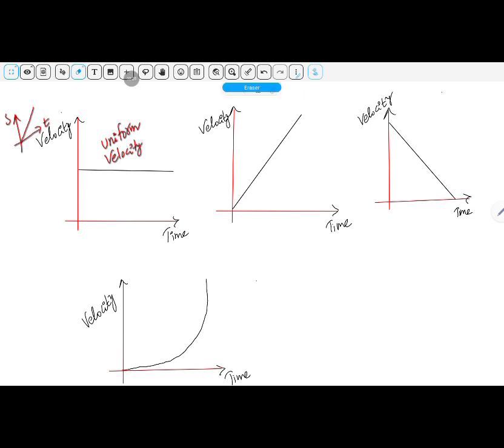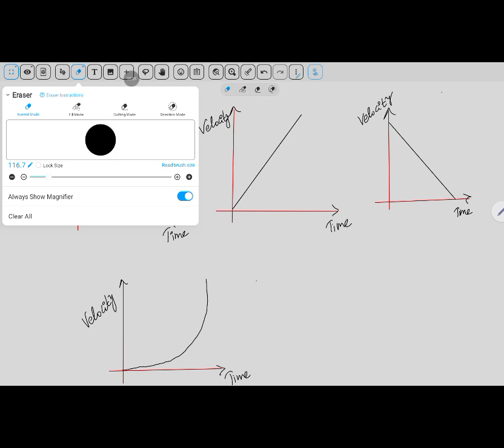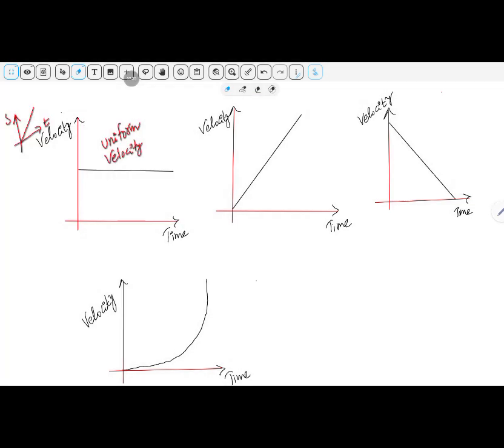Okay, now observe, you have a uniform velocity. Uniform velocity means velocity is constant. Okay, so velocity is constant. Now if the velocity is constant, what about the acceleration?